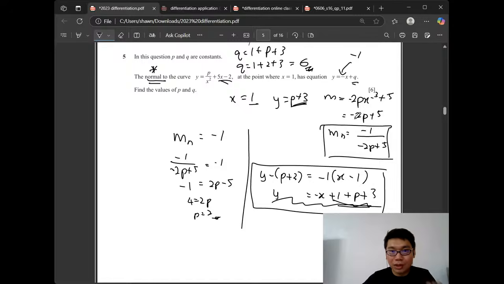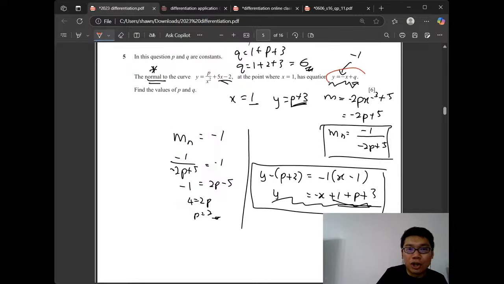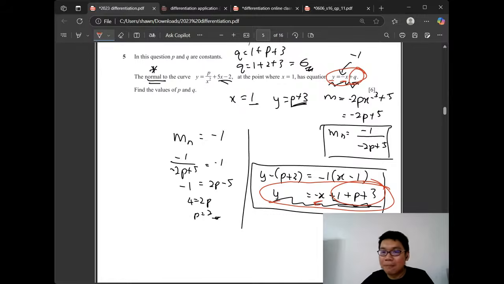Then you compare this equation with the equation that they give. They say this should be the equation of the normal. So both of these equations should be the same, both are the equation of the normal. Since this is the same and this is the same, the balance Q and the balance 1 plus p plus 3 are the same.